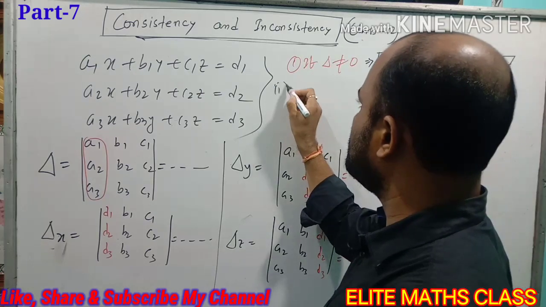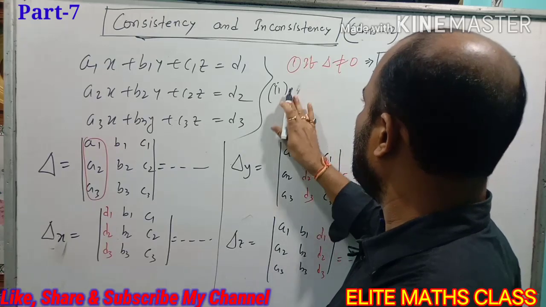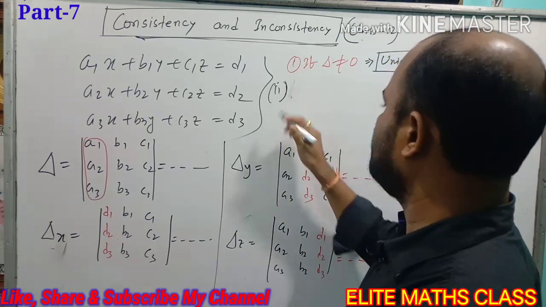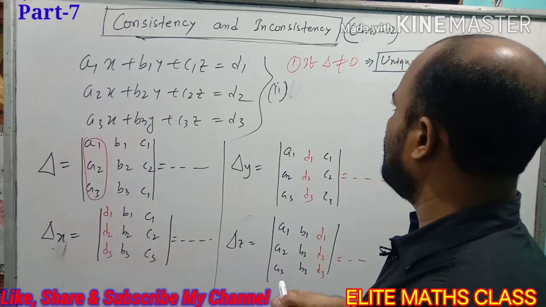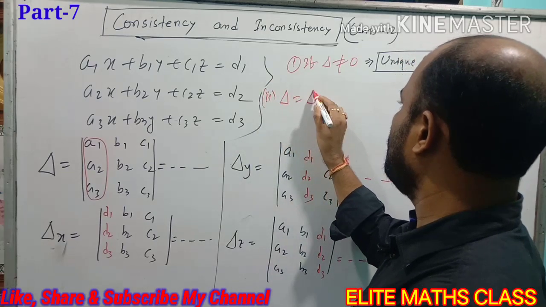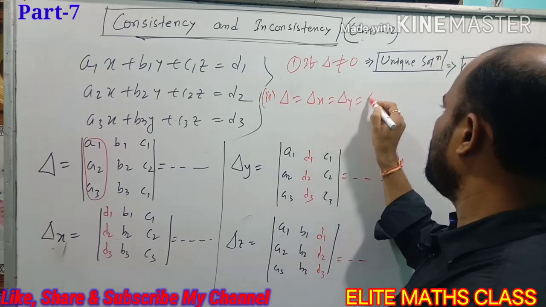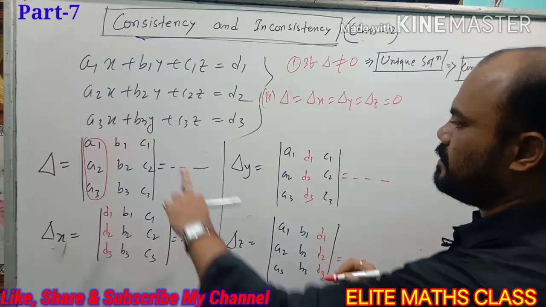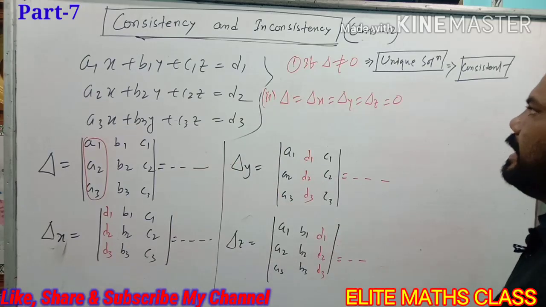What is the second case? In the second case, del equal to del x equal to del y equal to del z equal to 0, that is, the values of all the determinants are 0.